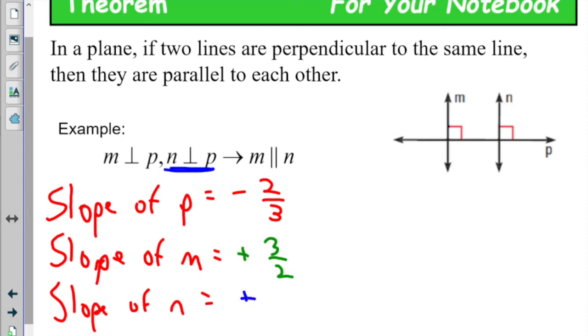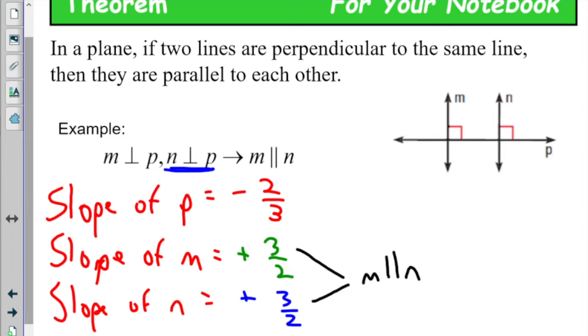Sign's going to get changed, fraction's going to get flipped, and we're going to get 3/2 again. And now those slopes are matching, they're the same. And I know that if my slopes are the same, then my lines are parallel. And I have arrived at the conclusion that the lines are parallel.